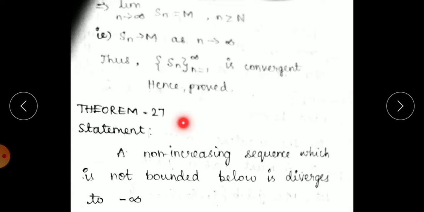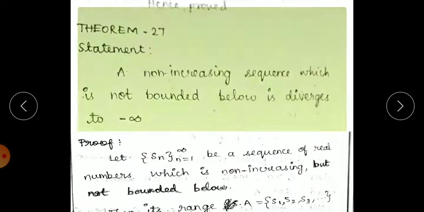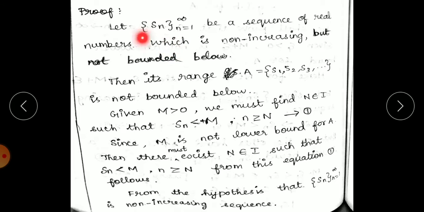Okay, next theorem, one more theorem we are having. A non-increasing sequence which is not bounded below diverges to minus infinity. A non-increasing sequence means a decreasing sequence which is not bounded below, and it diverges to minus infinity. So let us take a sequence of real numbers which is non-increasing but not bounded below, that is, the range A equal to S1, S2 and so on is not bounded below.